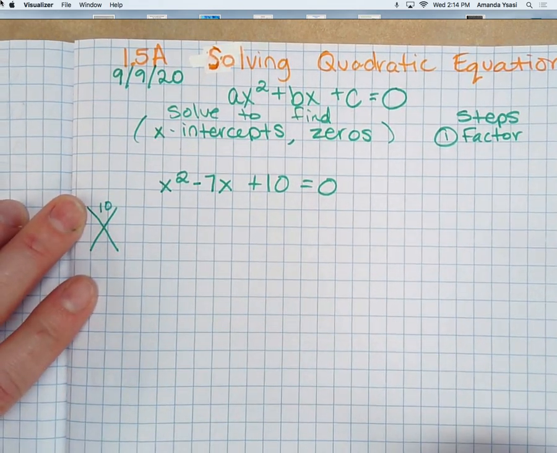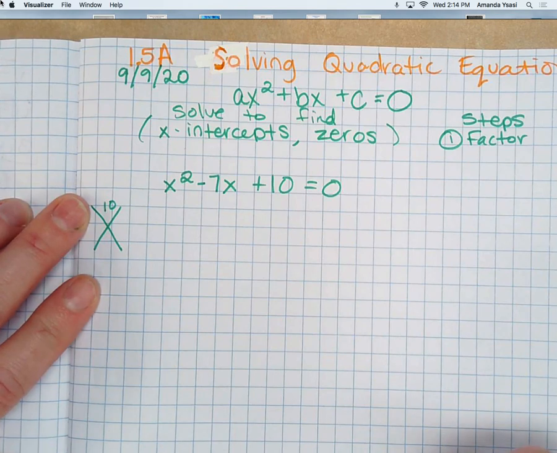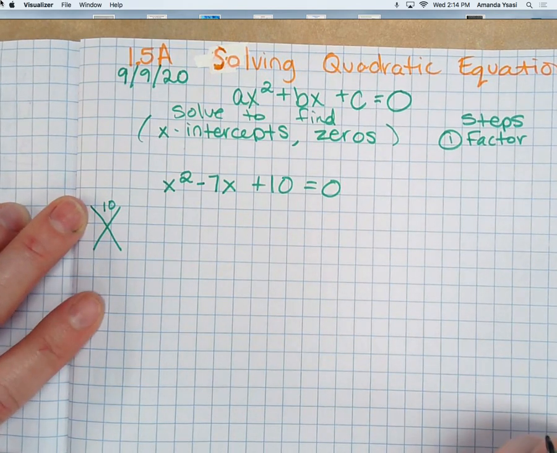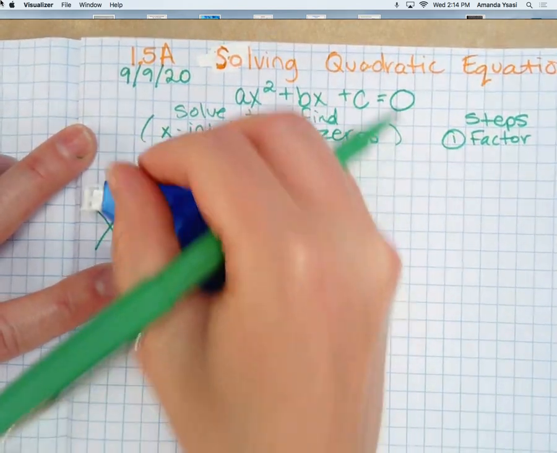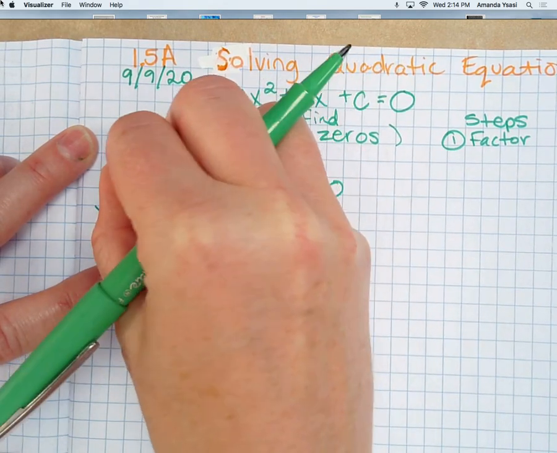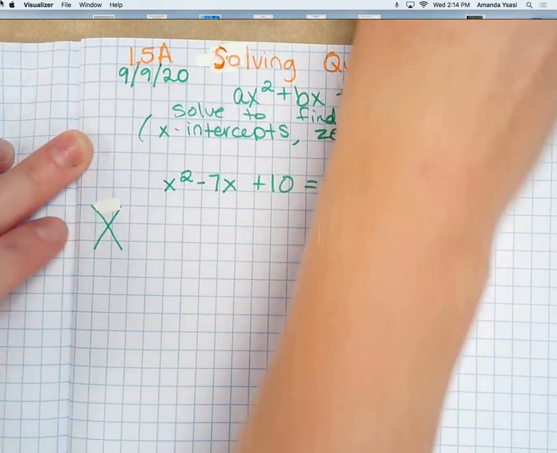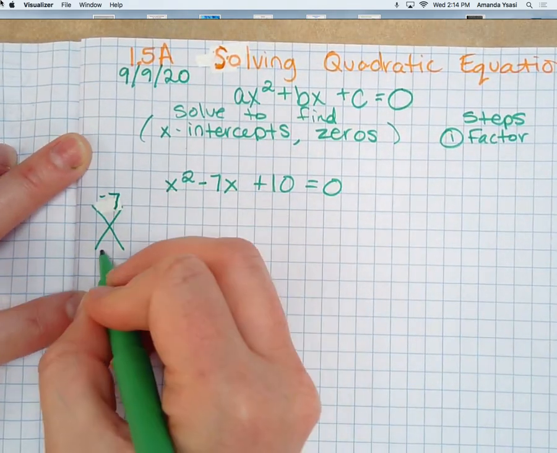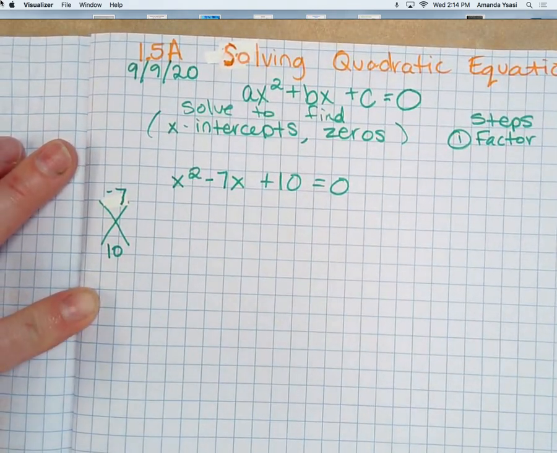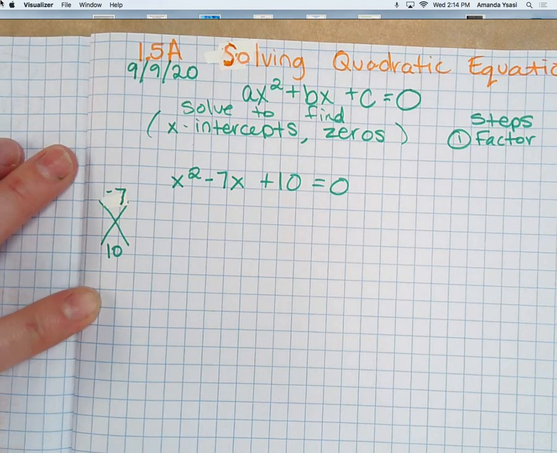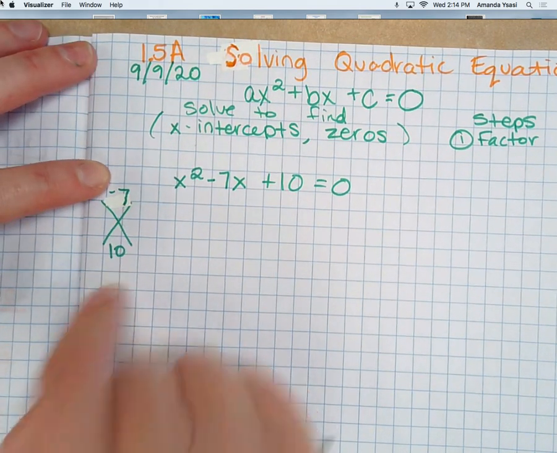What goes on top? Is it negative 7 that goes on top? So what two numbers give us a sum of negative 7 but a product of 10?